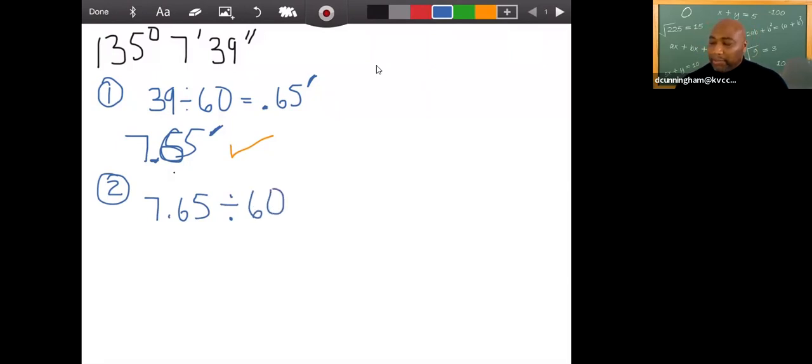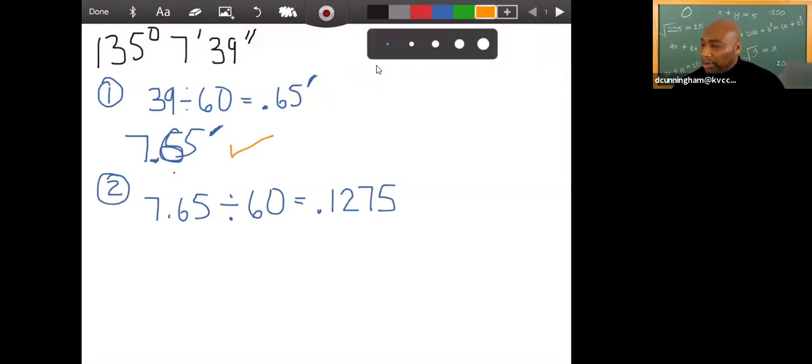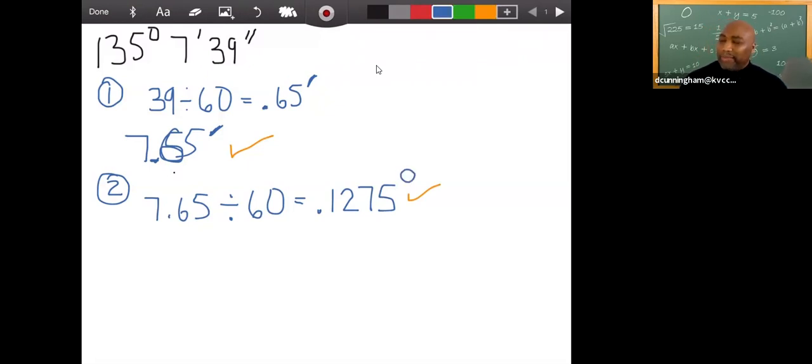And that will give us an approximation, 0.1275. Again, you could do the actual division on your own and pause to make sure that is correct. Now that number, since we already divided by 60, will be degrees.